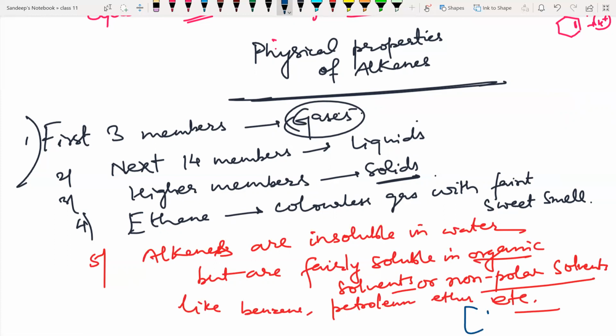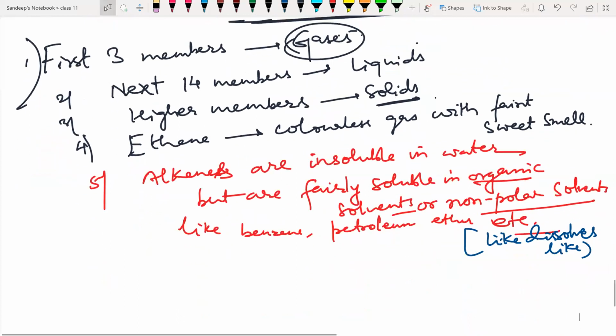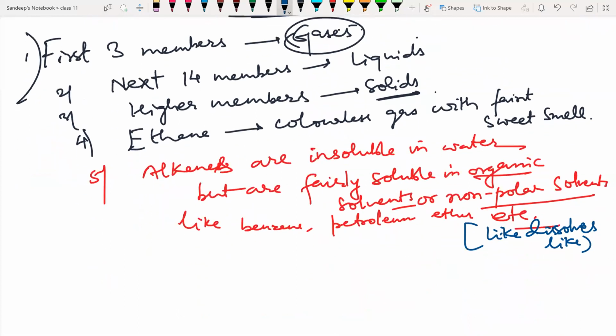They follow the principle like dissolves like. So polar solutes dissolve in polar solvents, and non-polar solutes dissolve in non-polar solvents.